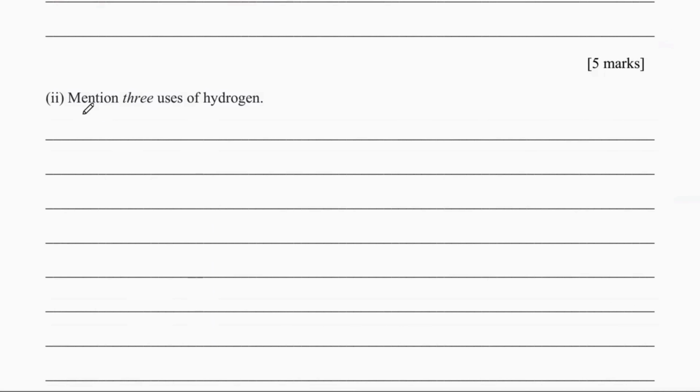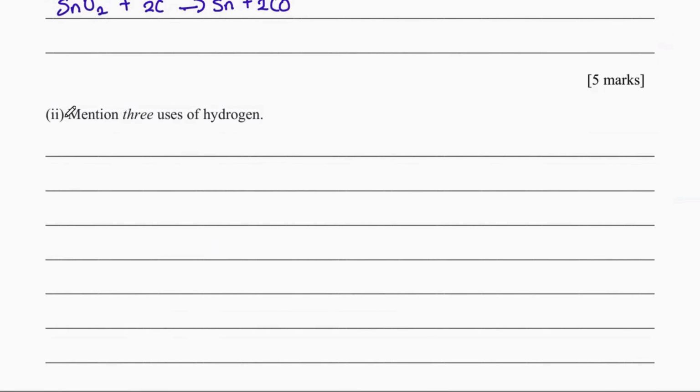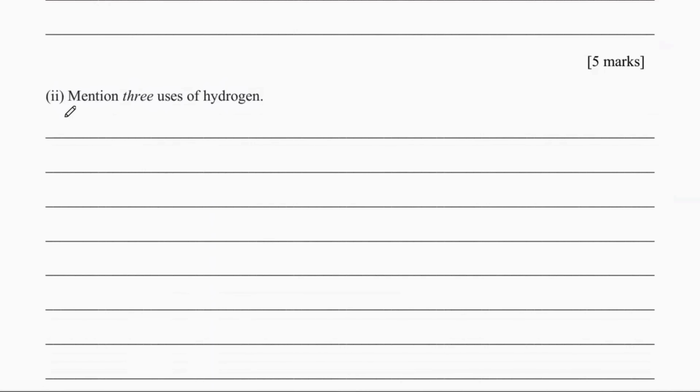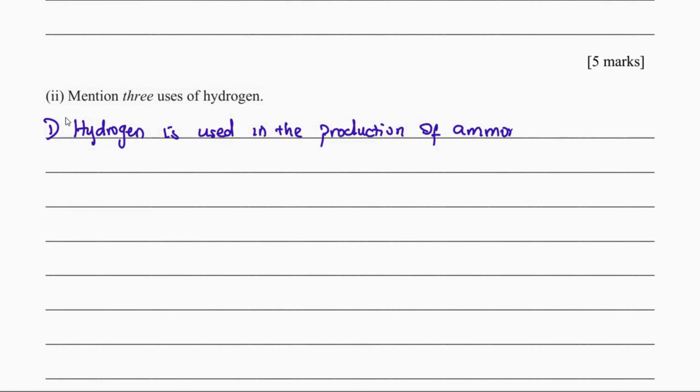Now the next question says, mention 3 uses of hydrogen. Hydrogen is used in the production of ammonia during the Haber process.